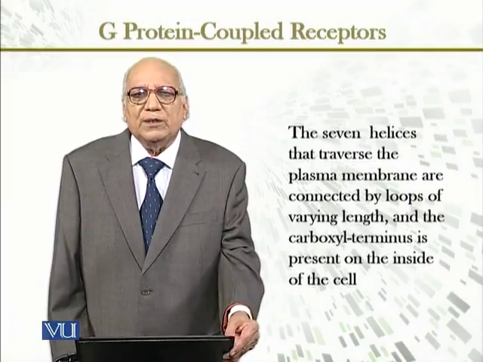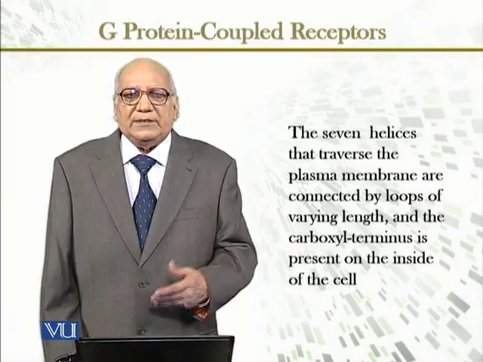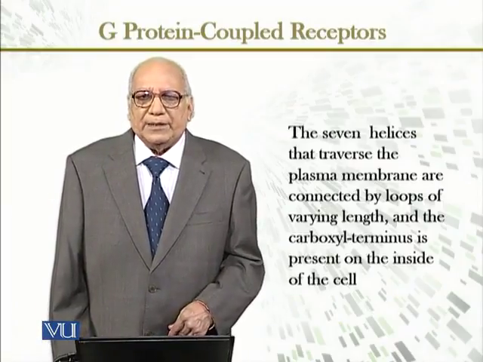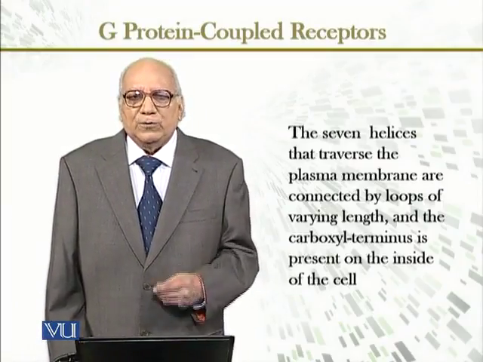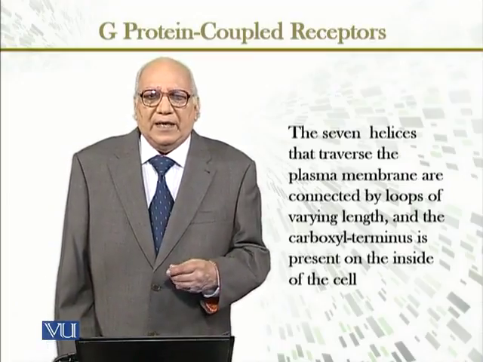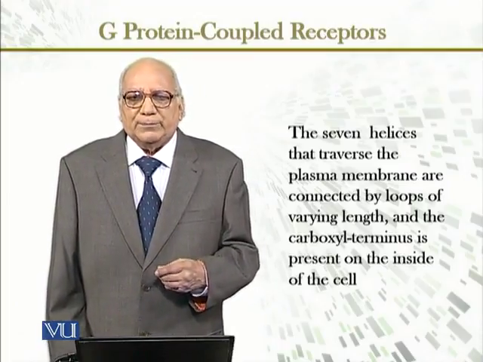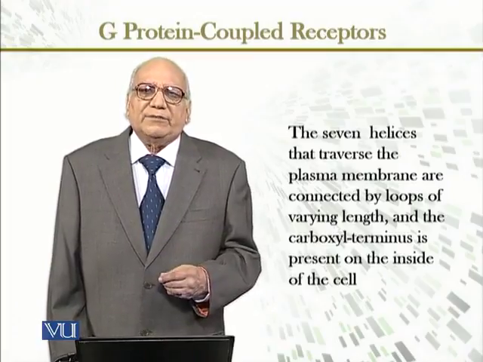The 7 helices that traverse the plasma membrane are connected by loops of various length, and the carboxyl terminus is present on the inside of the cell.